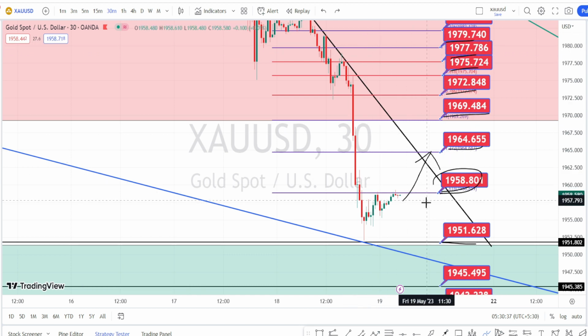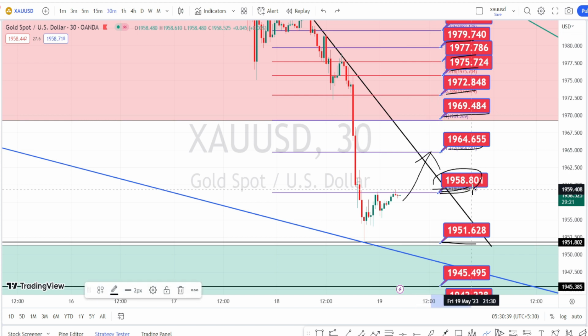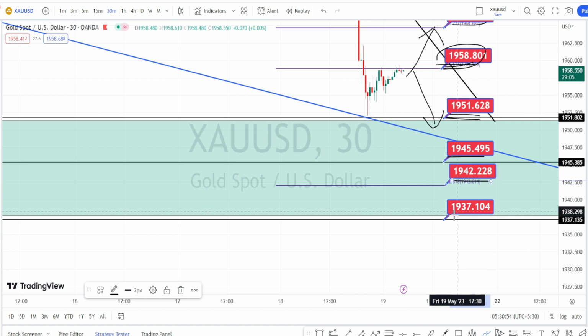And on the bearish side, if the price action bounces back from the resistance level of 1958 on the bearish side retracement, the immediate support is going to be around 1951, 1945, 1942 and 1937. And please refer to the higher time frame support levels for the bearish side targets.